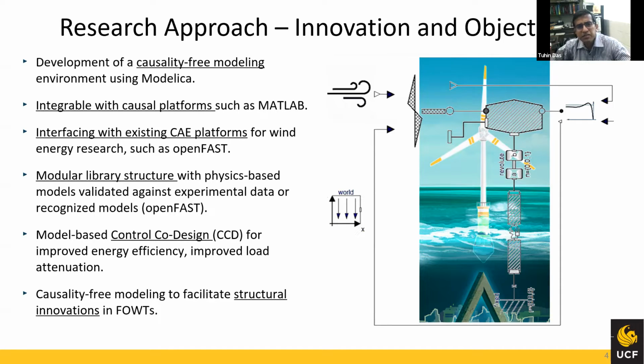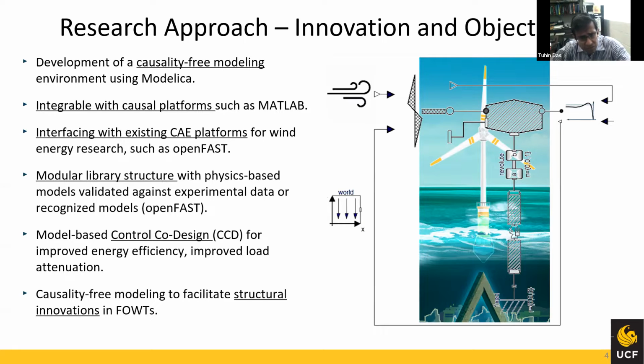The causality-free modeling approach also helps us to build very modular libraries with component models, and these models are validated against experimental data. The component models look very similar in terms of the layout to the physical layout in the energy system that is of concern.